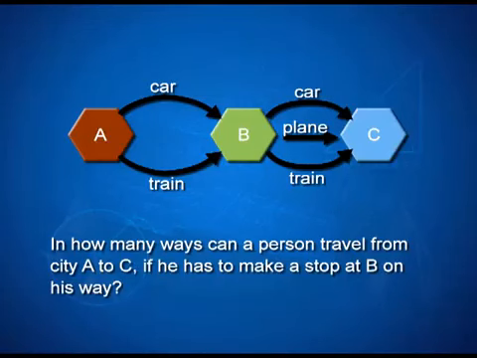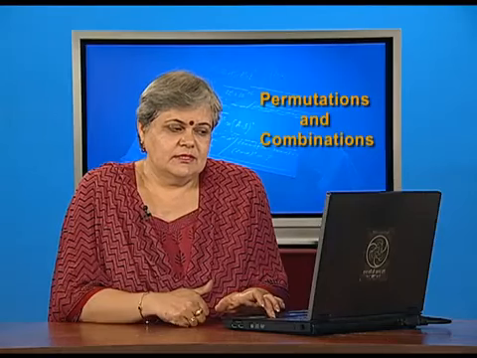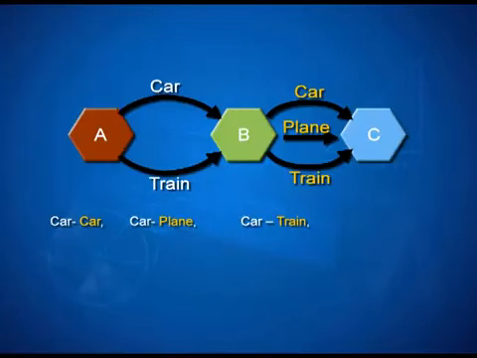So, what are the number of ways in which he can make this journey from A to B and then B to C? Now, it is very obvious that the person has a choice of going from A to B by car and then again taking a car from B to C. Or he may go from A to B by car, but from B to C he may choose to go by air. So, he travels by plane. Similarly, he may choose A to B the car and from B to C train.